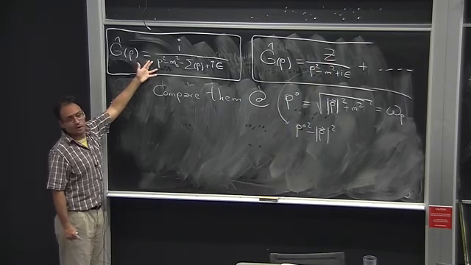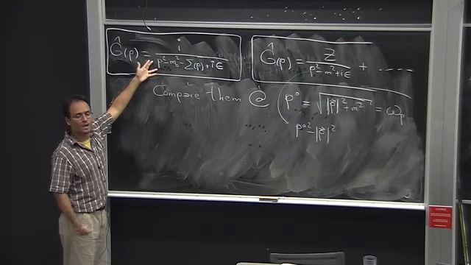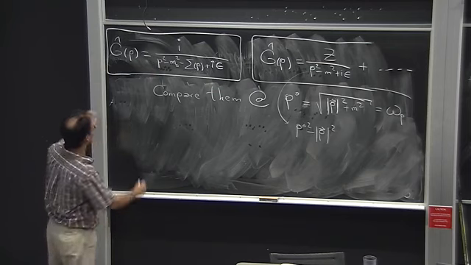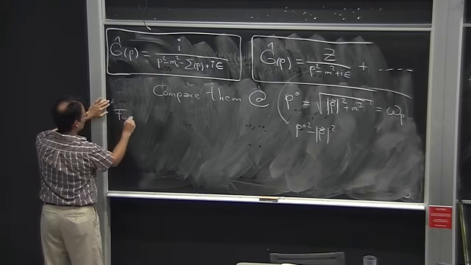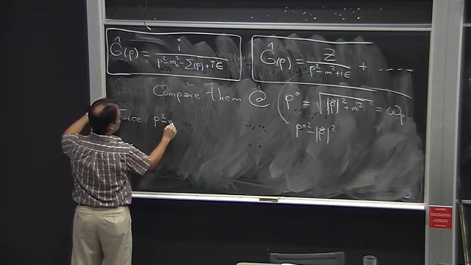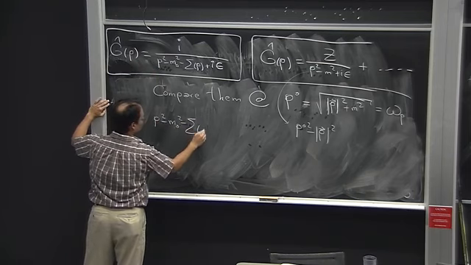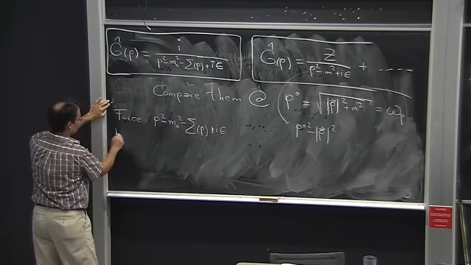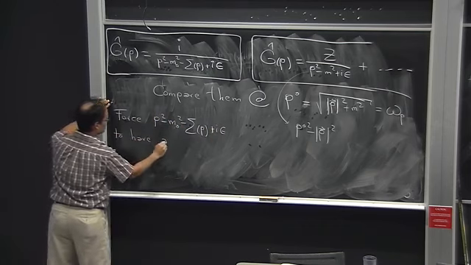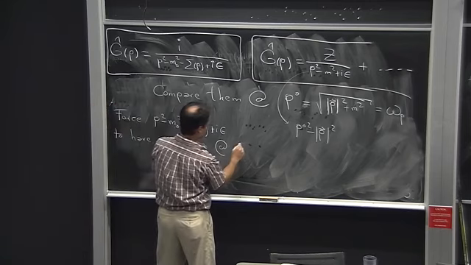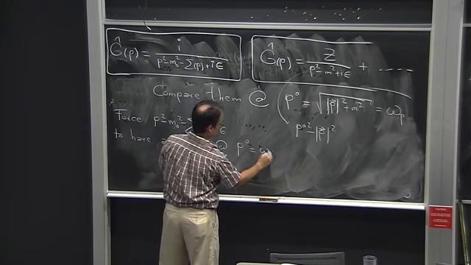This guy doesn't look like it's blowing up. So we have to force it to blow up, okay? So how do we force this guy to blow up? Force p squared minus m0 squared minus sigma of p plus I epsilon to have 0 at p0 equals omega p.